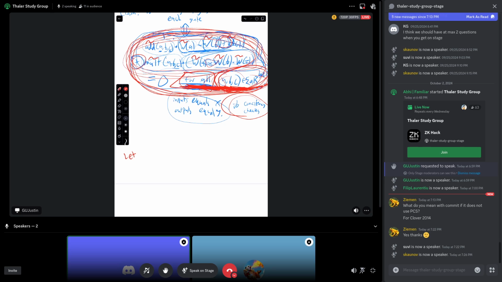So let me give the left-hand side of this constraint system a name. Let G(A, B, C) be defined as, and I'm just going to write out the left-hand side here: add-twiddle(A, B, C) times (W-twiddle(A) minus the sum of W-twiddle(B) and W-twiddle(C)), plus mult-twiddle(A, B, C) times (W-twiddle(A) minus W-twiddle(B) times W-twiddle(C)).